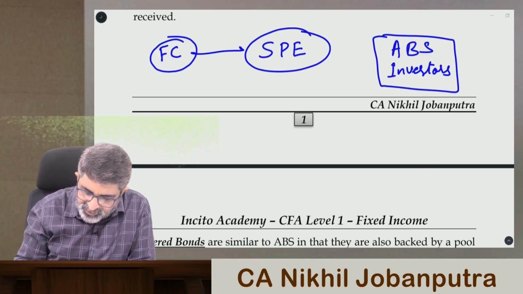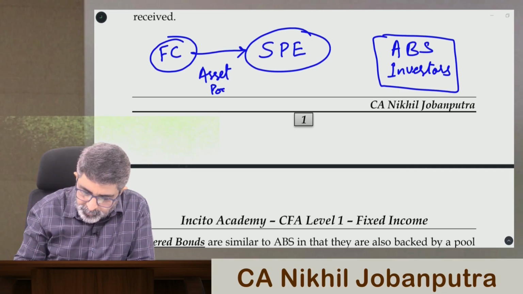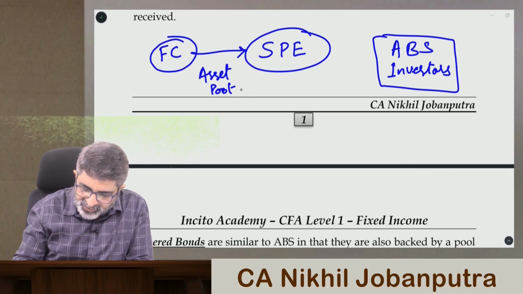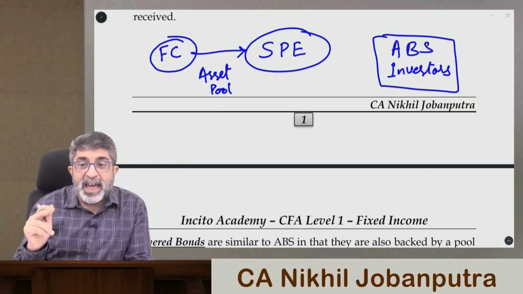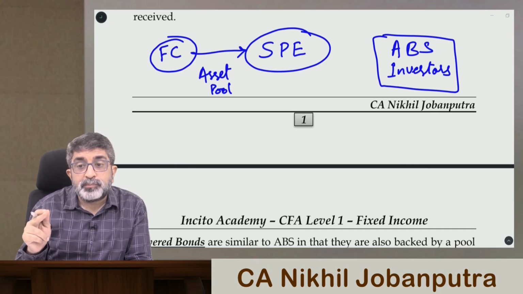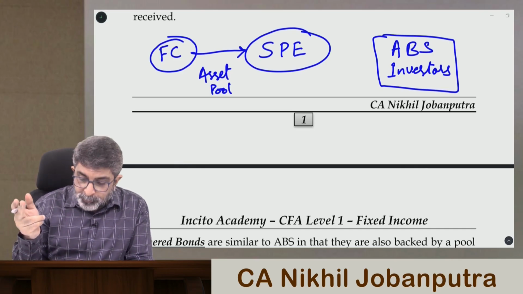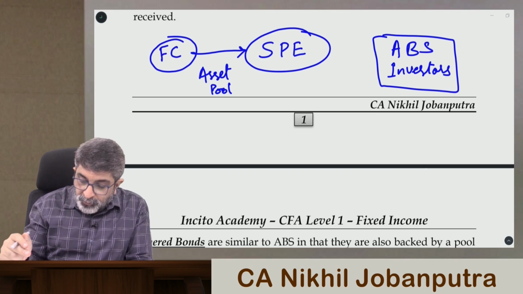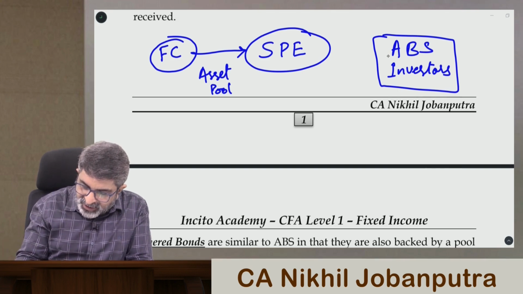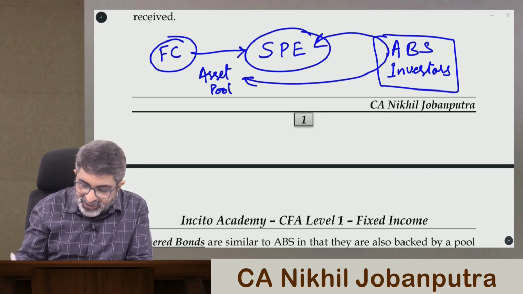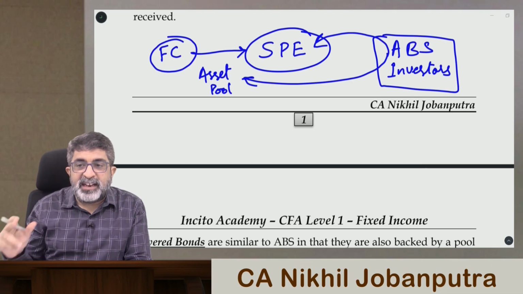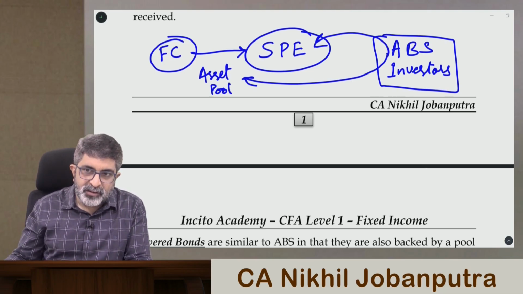The finance company has given its asset pool. That asset pool is transferred to whom? The SPE. So now ABS investors are investing in the securities issued by the SPE based on this asset pool, that is, at the backing of this asset pool, correct?